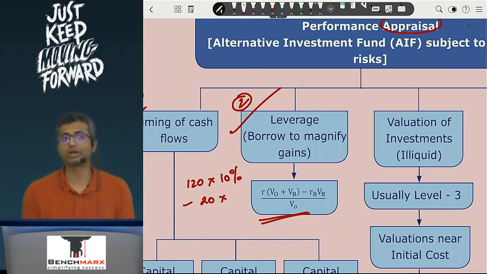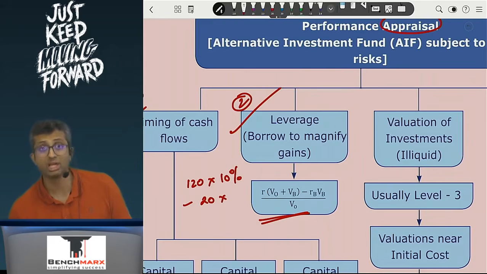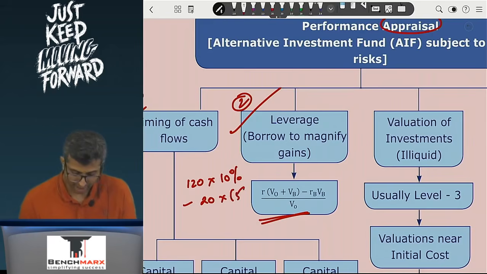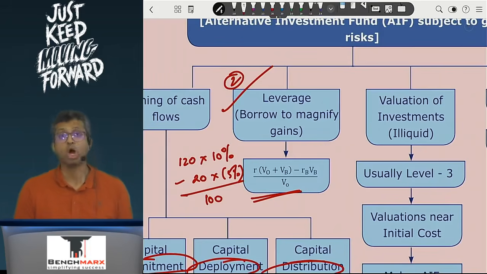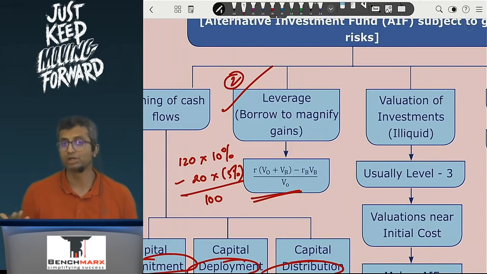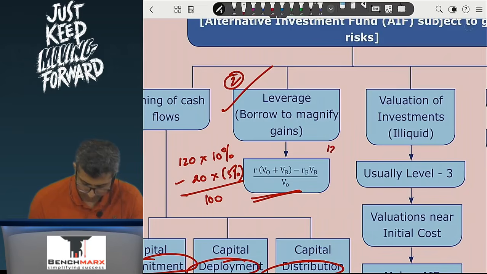But if I've shorted, then if the price goes down, and let us say the price in fact goes down by 5%, in which case 20 into 5%. So my return on my investment from my pocket, which is 100 only, you can say my investment is 120, but from my pocket I've invested 100 only. The remaining 20 I've either borrowed or shorted. So over here this will be 12 plus, negative will become positive, 12 plus 20 into 5%.